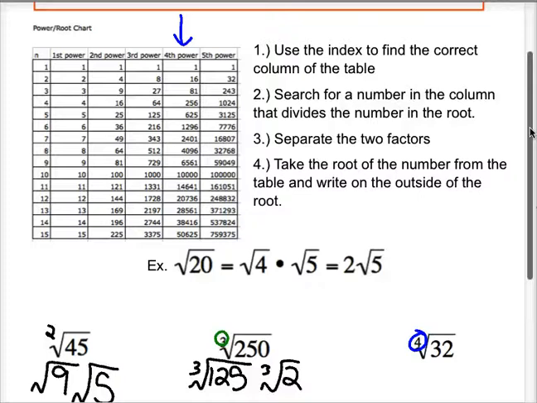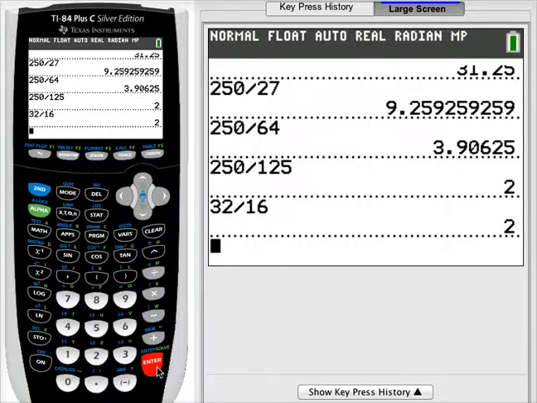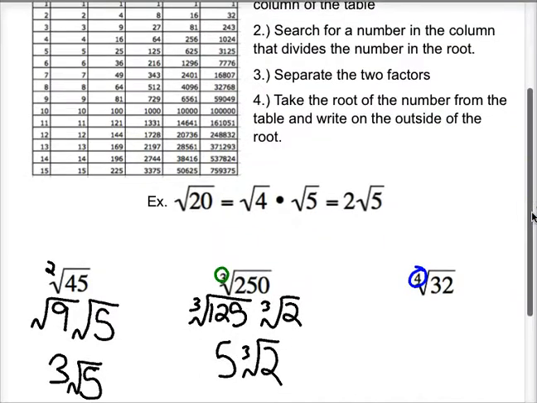So let's start. 32, and that first one is 16. So 32 divided by 16, bingo, right away, we found it. We found a number that works. 16 times 2. So I'm going to split that up into the fourth root of 16 times the fourth root of 2.